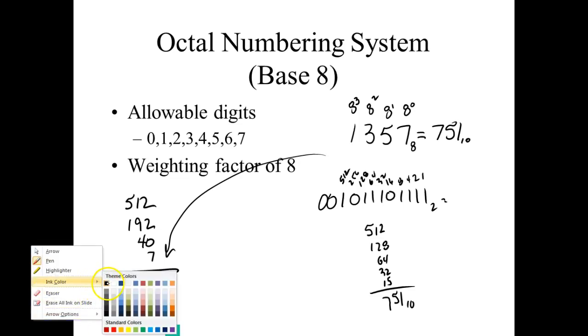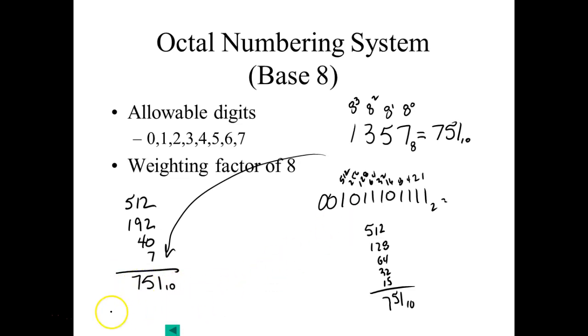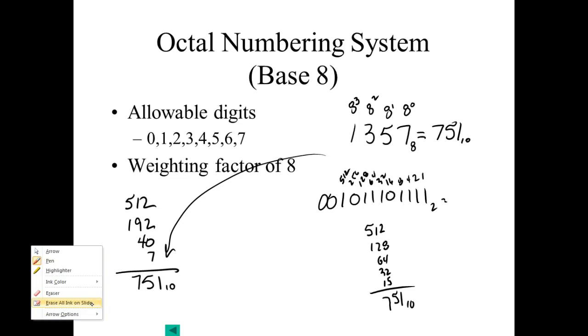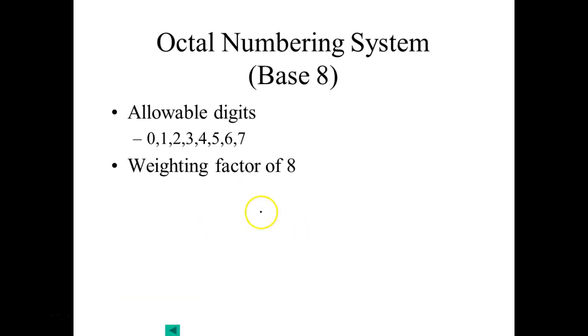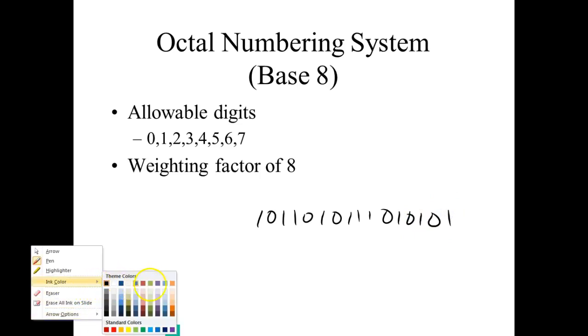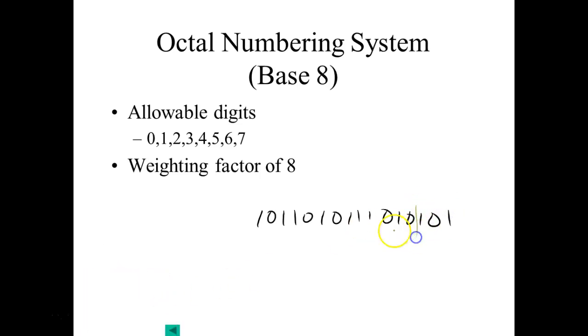So I can say, okay, let's take a binary number and convert it to octal. I'm just going to make up a binary number. Now what I'm going to do is split this into groups of 3s.